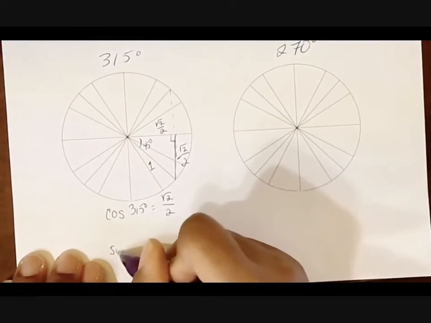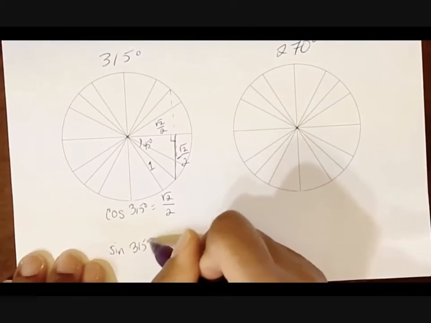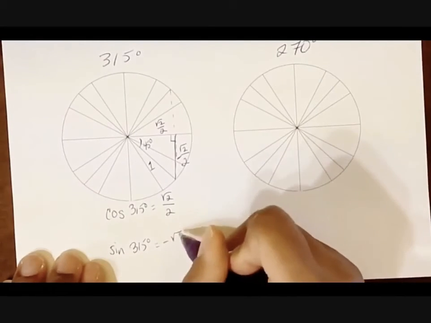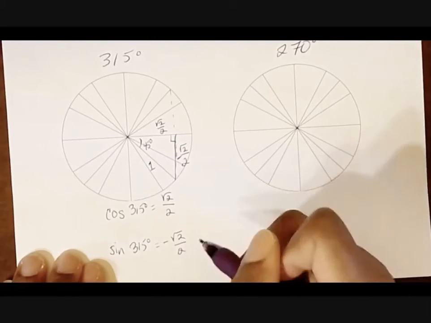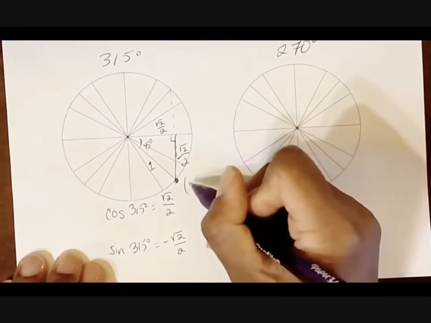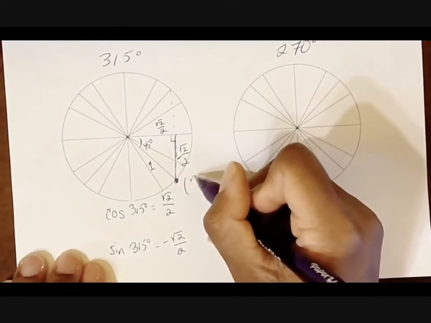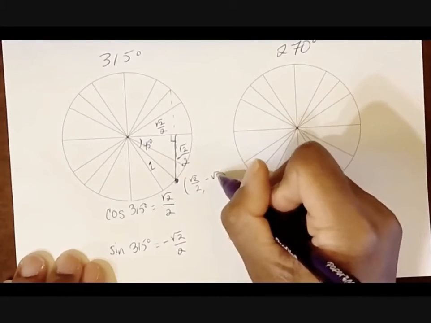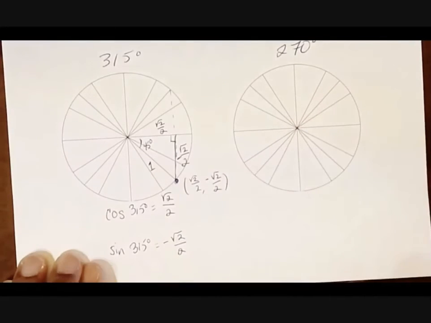And sine of 315 is equal to the negative square root of 2 divided by 2 over 1, which is the negative square root of 2 over 2. Again, it still follows that as coordinates, this would be the square root of 2 over 2, and negative square root of 2 over 2.